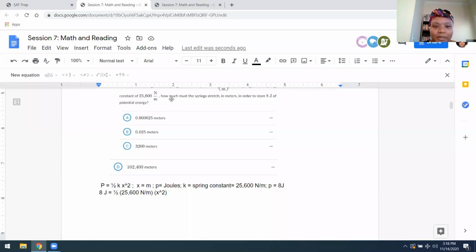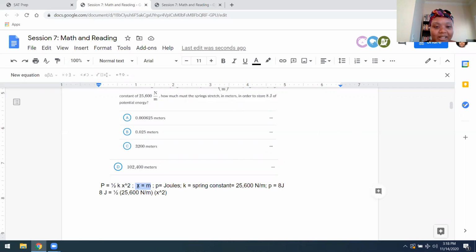So we go back to the question: how much must the springs stretch in meters in order to store 8 joules of potential energy? Here's where a slight disconnect might come if we didn't translate earlier.